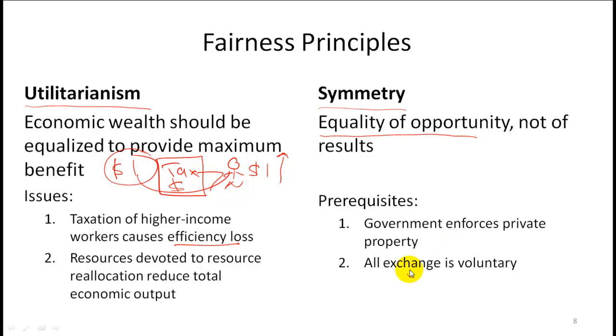So when you work hard to earn something or buy something, that is yours, and it will stay yours until you willingly decide to part with it. So only if those two prerequisites exist will the system of symmetry work.